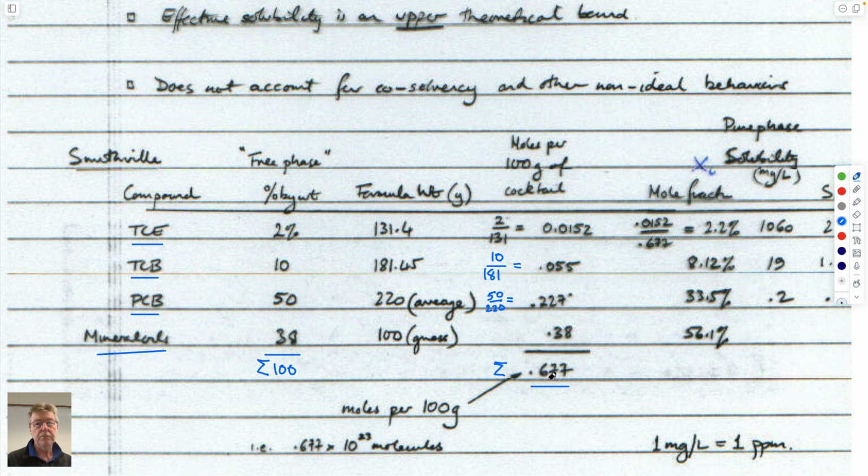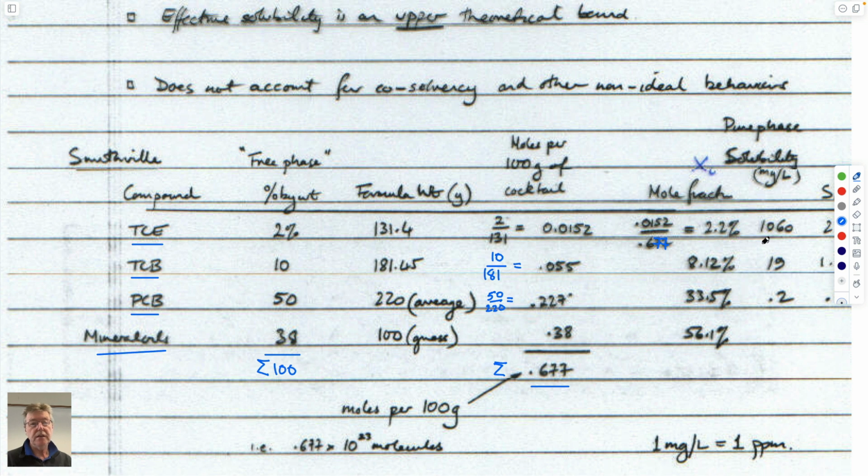If that's the total number of moles, then you can divide those moles by the total number of moles to get a mole fraction. So the mole fraction would be the number of moles divided by the total number of moles. So 0.0152 divided by the total number of moles. This is 77. And it comes out to be almost the same as by weight percent, but not quite. 2.2%.